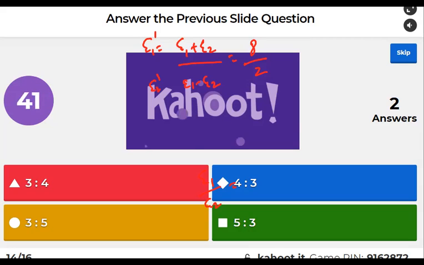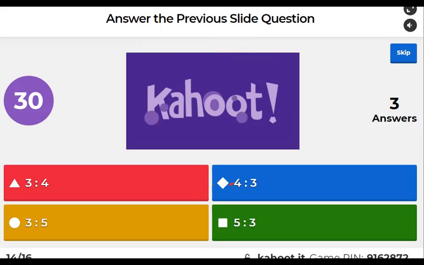Very good, Siddesh. Correct, Siddesh. Very good. E1 by E2, Shrihari.